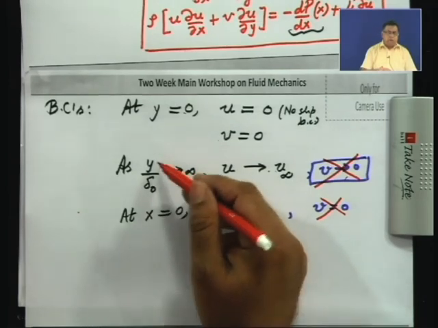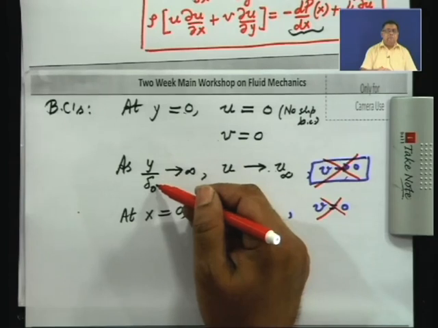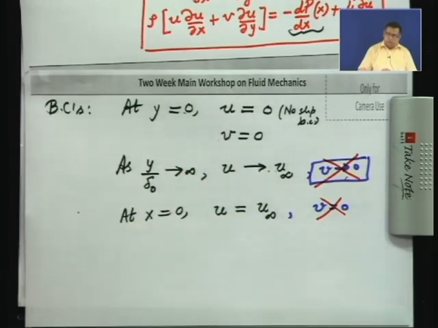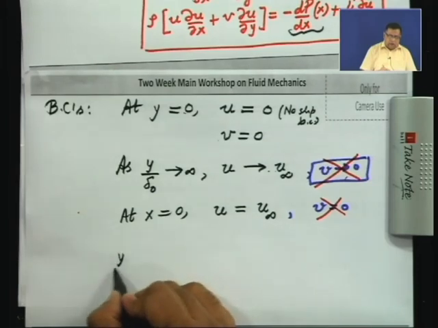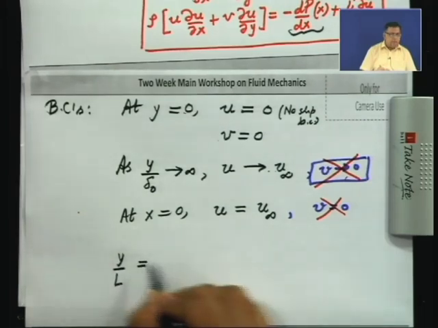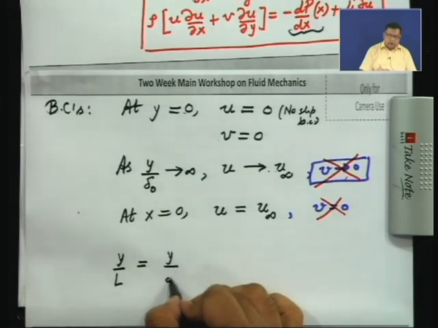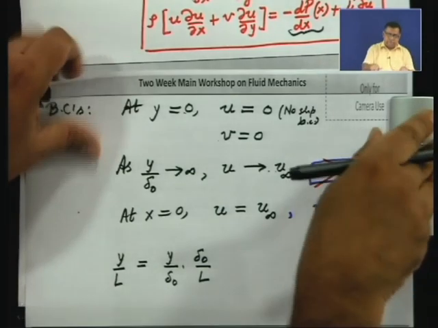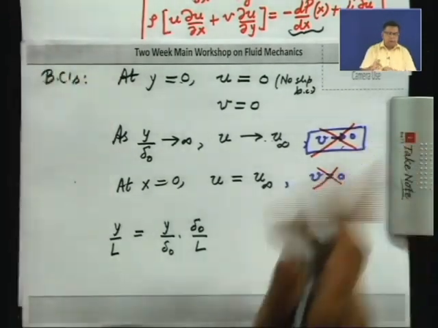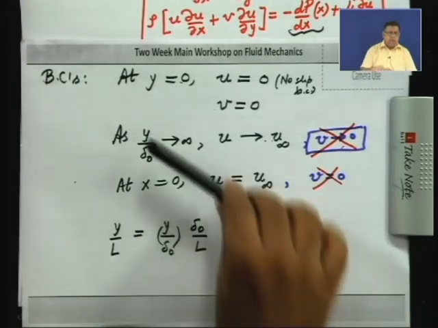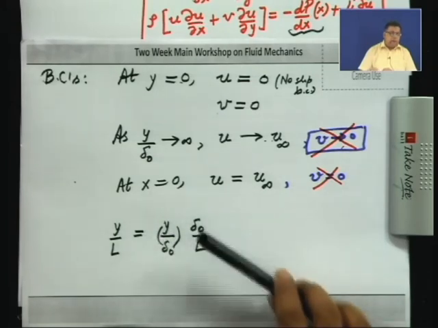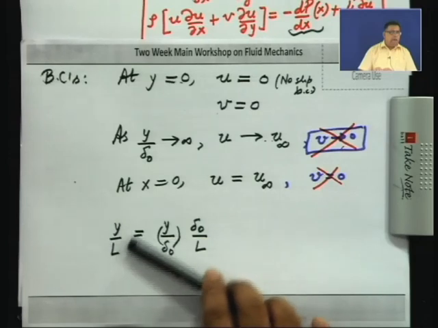So, this y is large compared to the boundary layer thickness, but it is small compared to the length of the plate, because if you look at y by L, this is going to be y by δ₀ into δ₀ by L. Now, what we are saying is that y by δ₀ is large, but it is multiplied by δ₀ by L, and this thing may or may not be large.